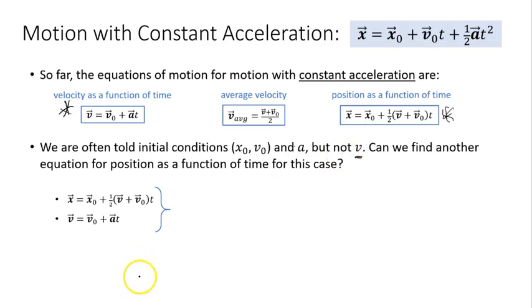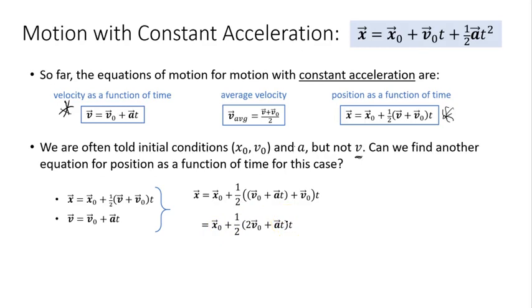Okay, so I'm just going to go ahead and plug that in. And it looks a little messy at first. Here we see we have v naught plus v naught, so that gives me a 2v naught in there. And then we should be able to simplify a little bit further by distributing that 1/2 to each component. So 1/2 times 2v naught would just give me v naught, and then I would have a 1/2 at.